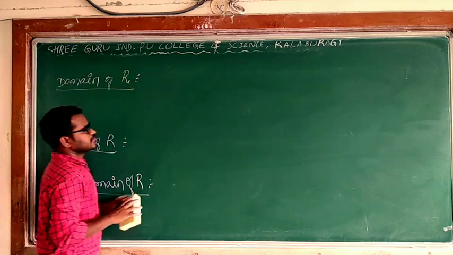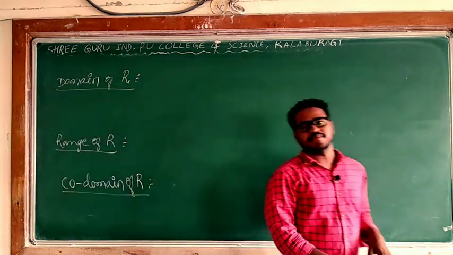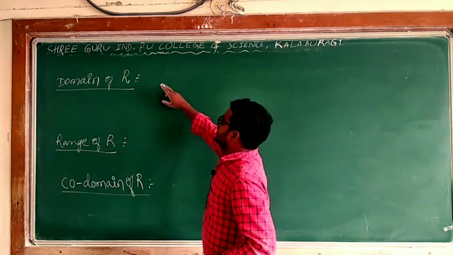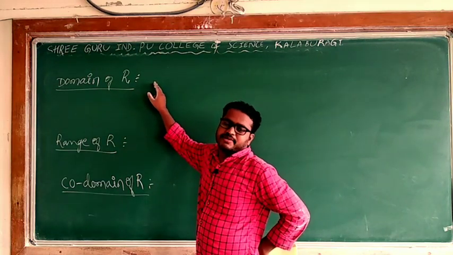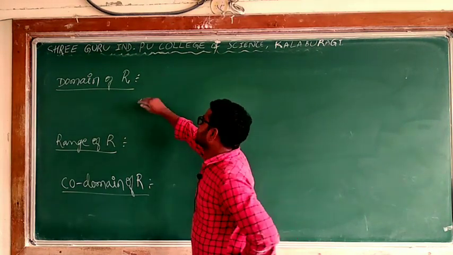What is the domain of the relation? Domain is the set of all first elements of the ordered pairs in a given relation.